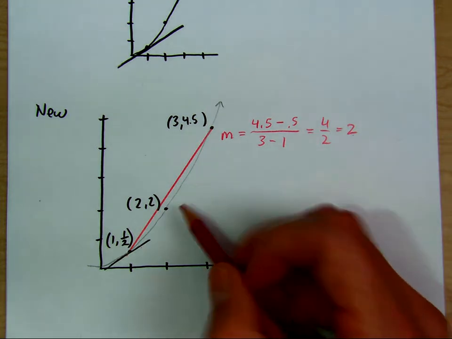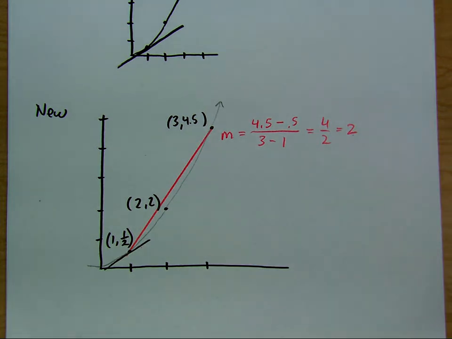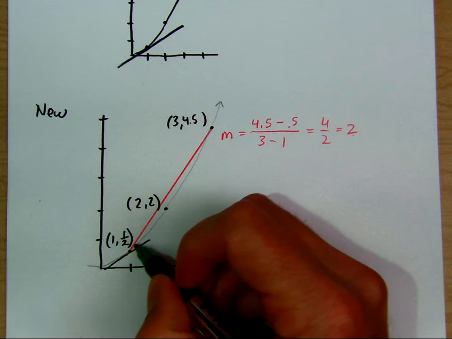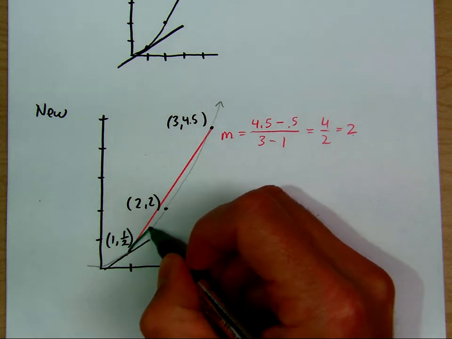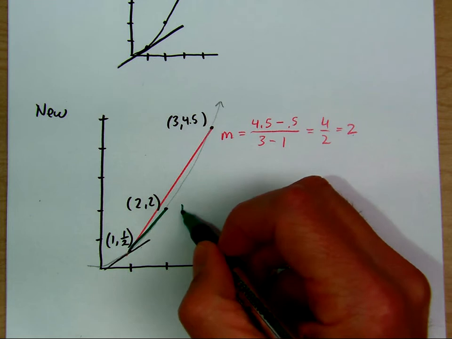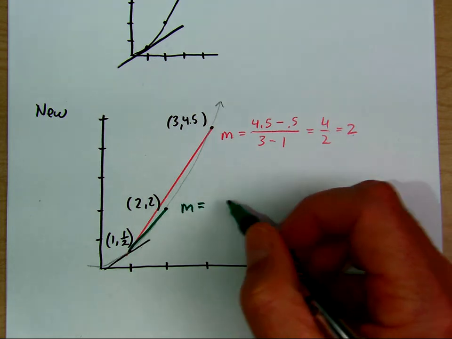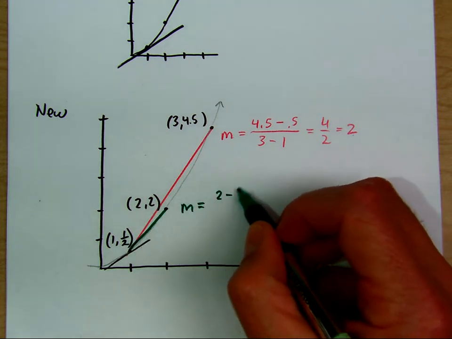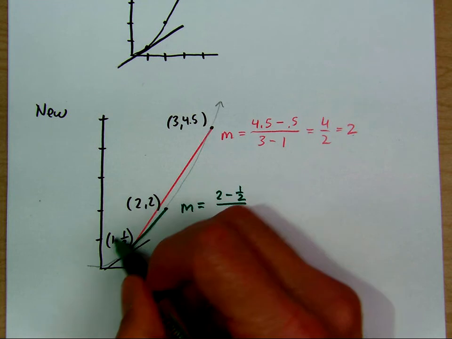But then we can get closer than that. Let's draw another secant line from that point to that point, and now we'll say the slope of the green line is 2 minus 1/2 over 2 minus 1.